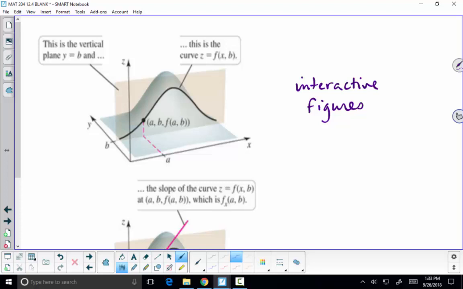But they have a lot of these interactive figures. If you go into the multimedia library and then click on interactive figures, you can grab the curve here, the intersecting curve, the trace, and slide it around and just see how it works.